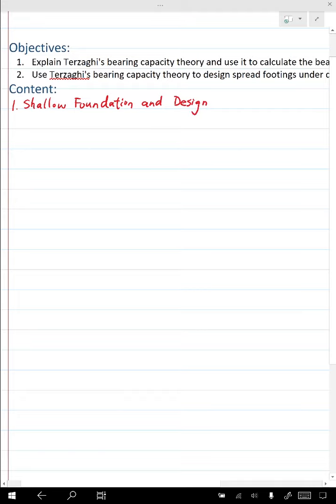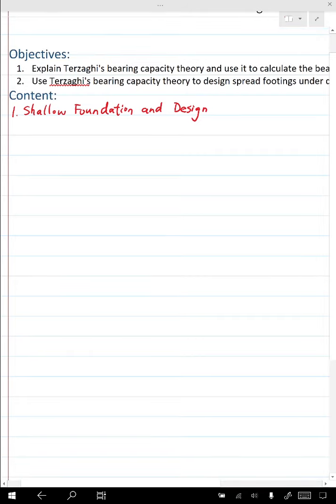If we zoom out and take a look at the whole foundation engineering, foundation design course, we will see that we have three major components. First, we talk about shallow foundation. Then we move to deep foundation. And finally, we will cover earth retaining structures.